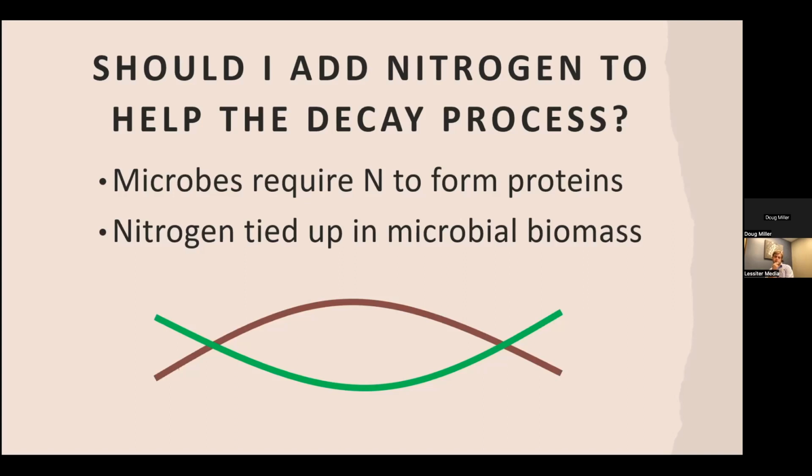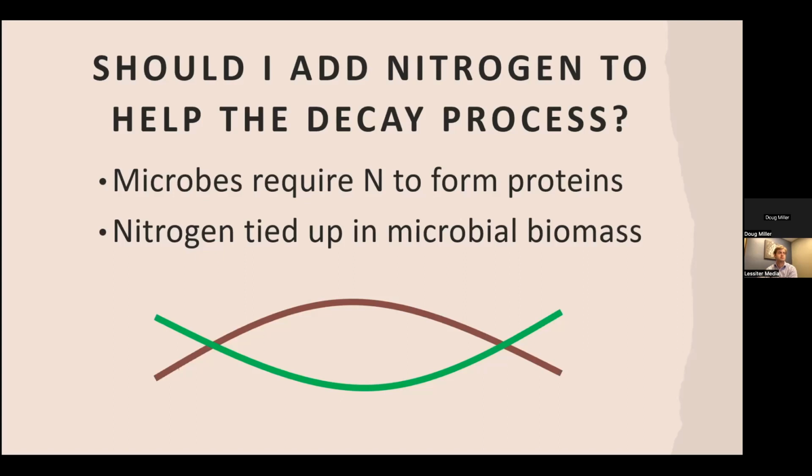And while that decay process is underway and those colonies are ramped up, you're going to tie up nitrogen in that microbial biomass. This funny looking image here at the bottom of the screen is what we call the residue decay smile. We've used it to illustrate this point for many years. The brown portion of it represents the decay activity.